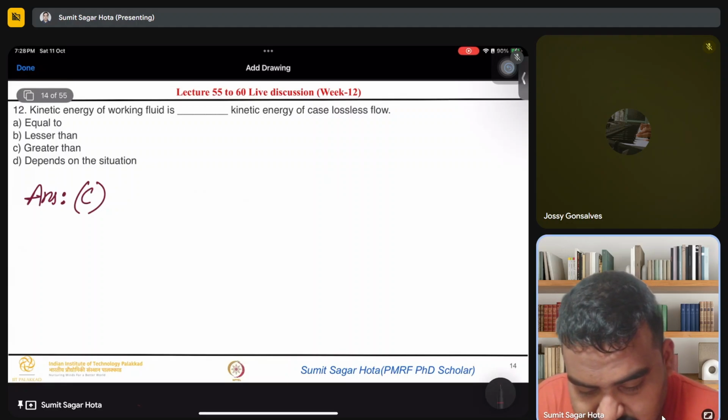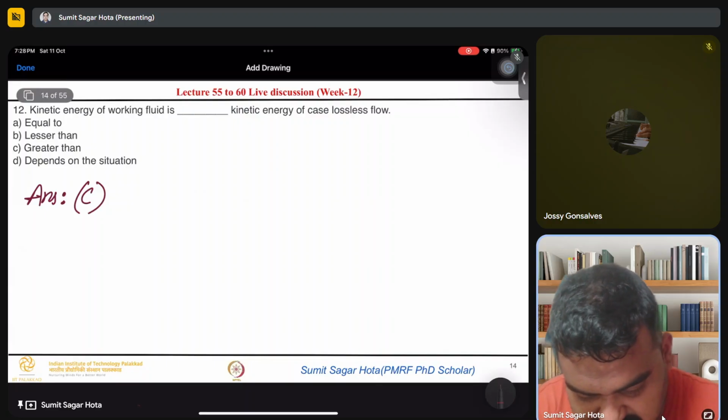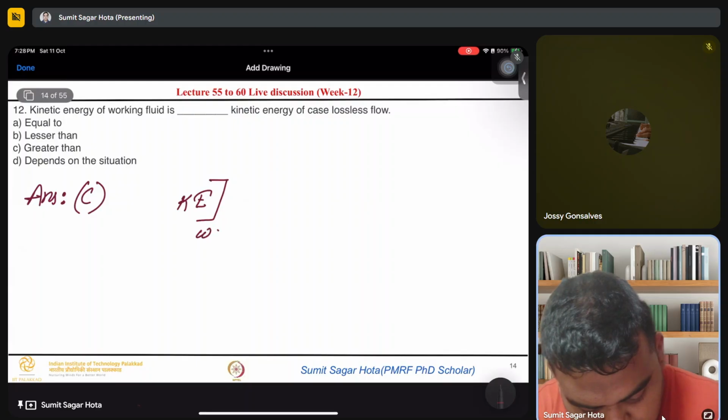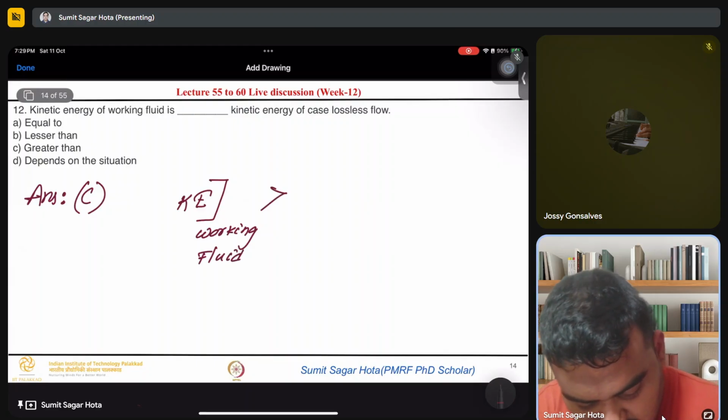So that's the basic of this question. The kinetic energy of the working fluid, more specifically the velocity of the working fluid, is always greater than the velocity of the lossless flow.